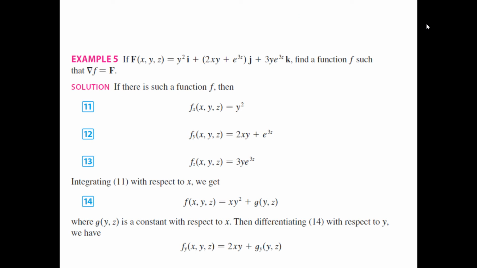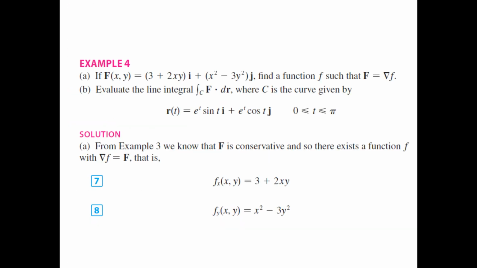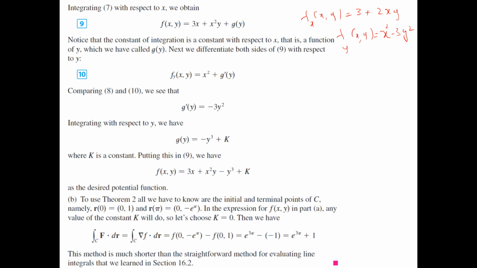So we have these two equations, and we have to find the value of f. This is in fact P of F, and this is Q of the vector field F. So first of all, we integrate this equation. This is the partial derivative with respect to x, so we integrate this with respect to x.